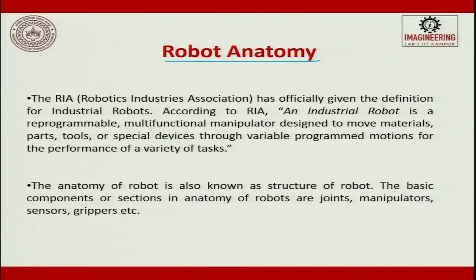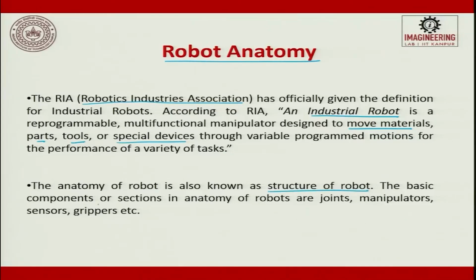This is the RIA, Robotic Industry Association, given definition for industrial robots. The first one what we saw was little generic. So, it is very precisely given. So, what are the manipulator's job it is supposed to do? It is supposed to move material, parts, tools, special devices through variable programmed motion for the performance of a variety of tasks.